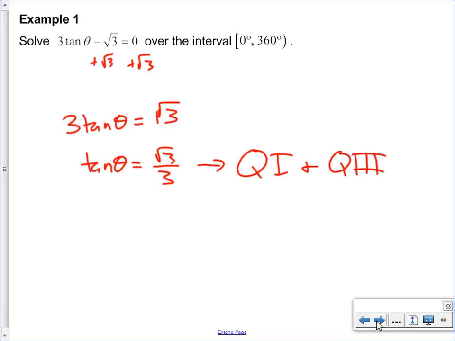So you take your handy dandy sheet, and find root 3 over 3 in quadrant 1 and 3. By the way, this means give your answers in degrees.